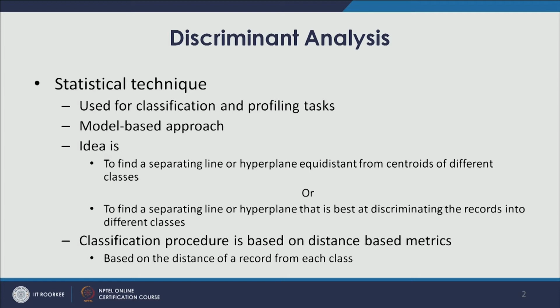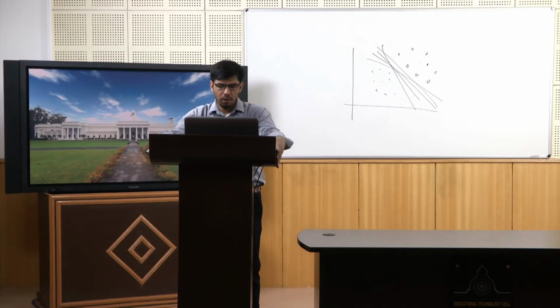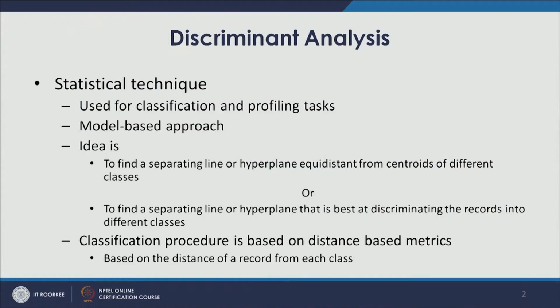As you can understand from the two approaches that we discussed, the underlying calculation that would be required in each of those approaches would be calculation of distance of a record from each class. This calculation then becomes the basis for classifying an observation.